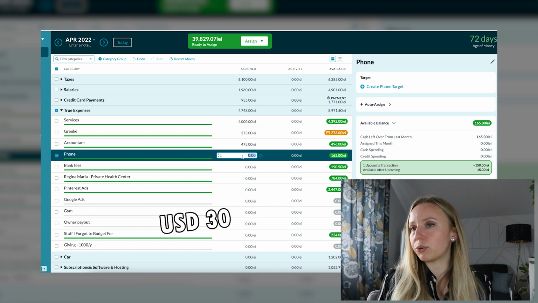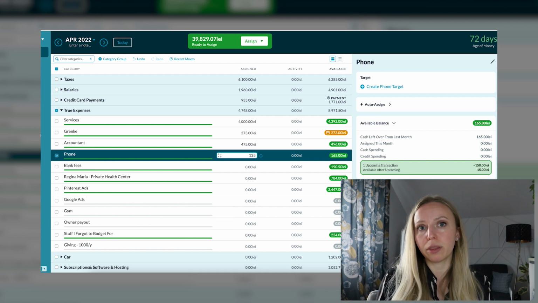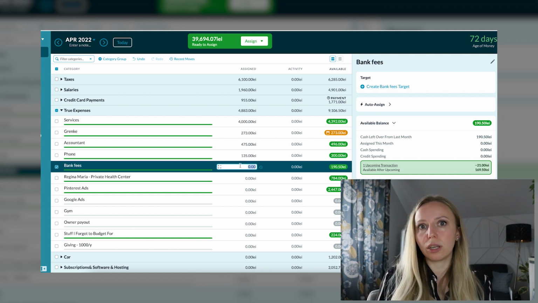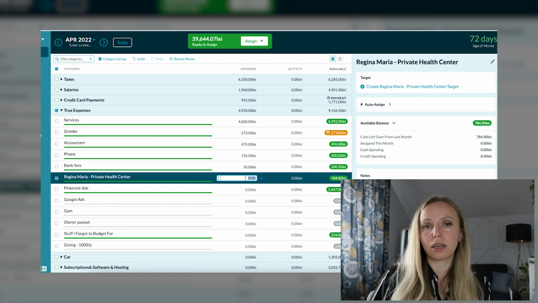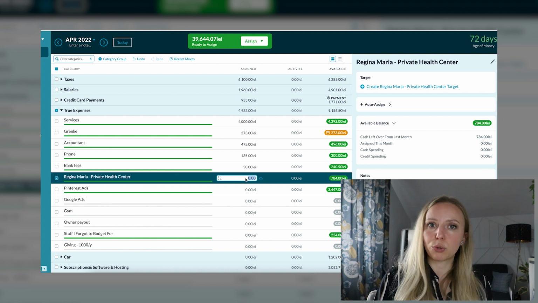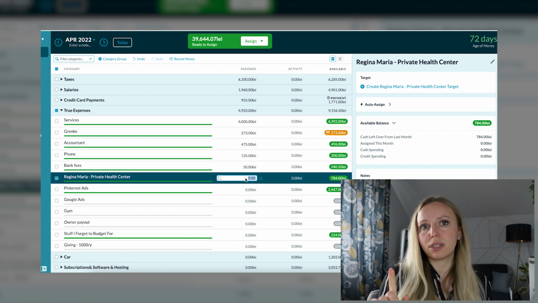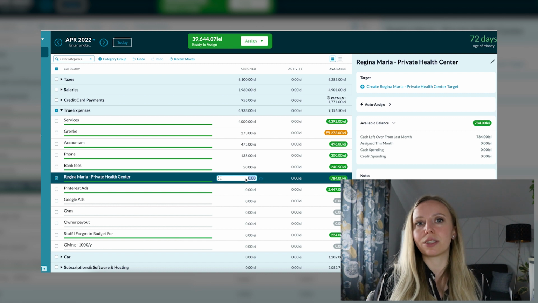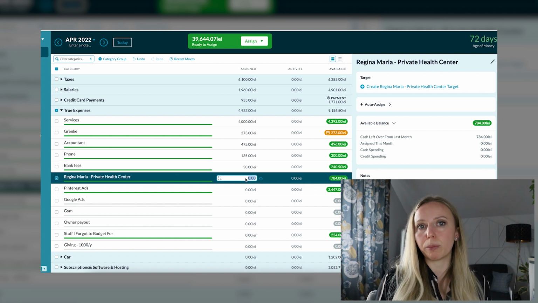My phone is 135 lei a month, about 30 euros, not even 30, 26.7. Bank fee is usually around 10 euros. Regina Maria is a private hospital chain here in Romania, and I have a subscription with them. I didn't put this in the subscriptions category because it's not auto-deducted from my account. I have to pay it manually each month.